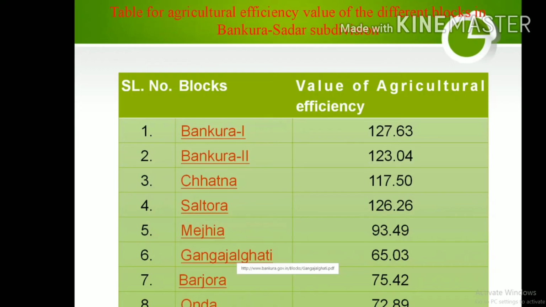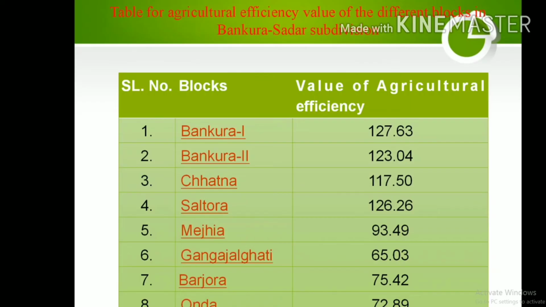Lastly, you have to categorize the value of EI, the value of agricultural efficiency, for all the blocks into 3 groups according to their degree of agricultural efficiency. The highest value is 127.63, say 128, and the lowest value is 65.03, say 65. The difference between these two is 63.